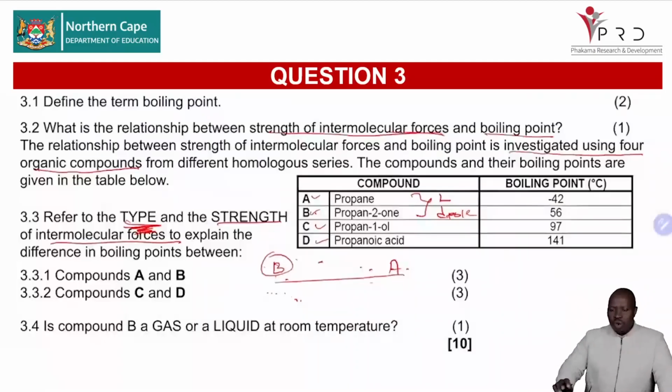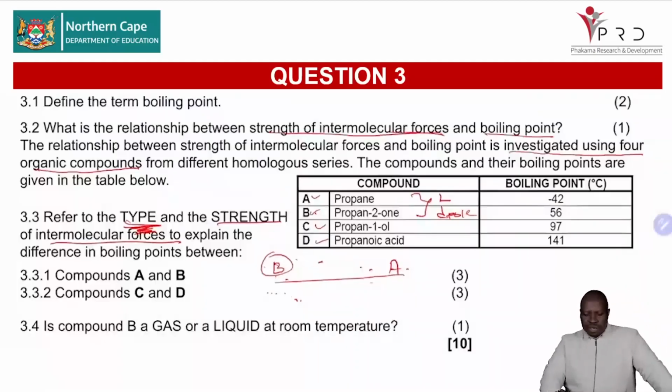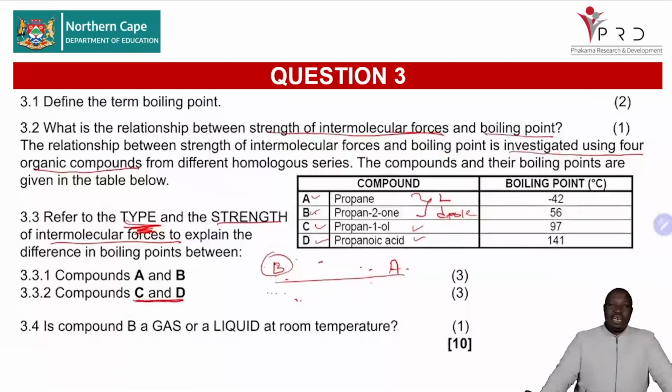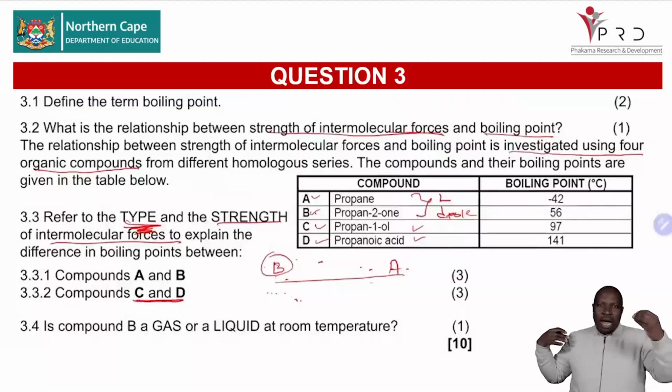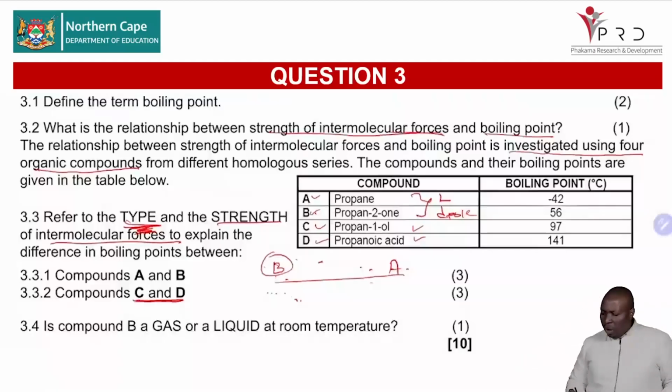When it comes to 3.2, compound C and D, we are talking about an alcohol and a carboxylic acid. Those are relatives, remember, because an alcohol has 1 side of hydrogen bond and a carboxylic acid has 2 sides. So by merely mentioning that, you can see that the other one is able to form 2 hydrogen bonds. Now you will write that between compound C and D, we are comparing the boiling point.